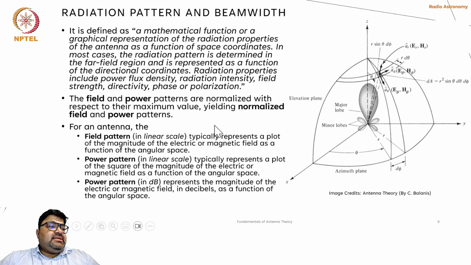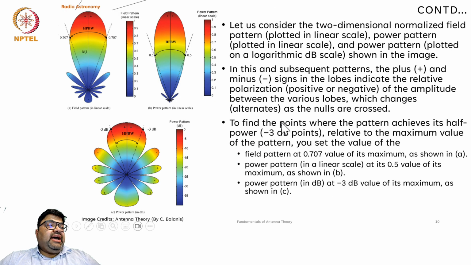The field pattern typically represents a plot of the magnitude of the electric or magnetic field as a function of the angular coordinates, angular space. Power pattern represents a plot of the square of the magnitude of electric or magnetic field as a function of the angular space. They're both in linear units, the field pattern and power pattern. The power pattern can also be expressed in logarithmic scales, in decibel scales. Okay, that's mostly what we have.